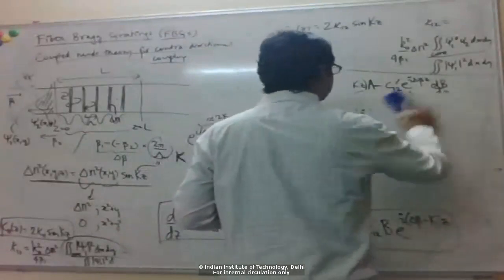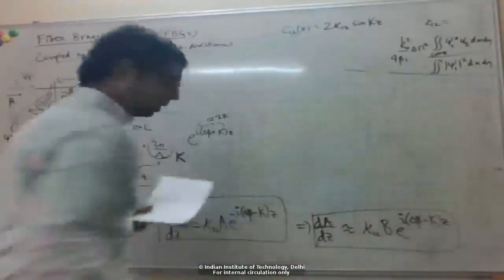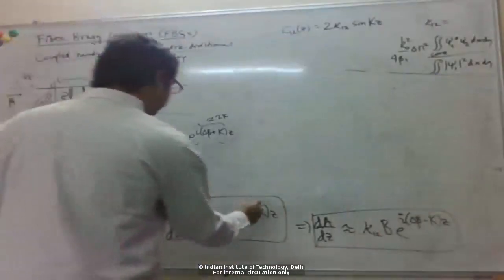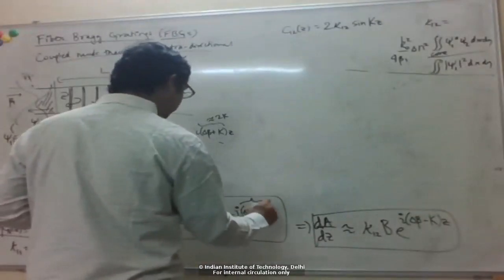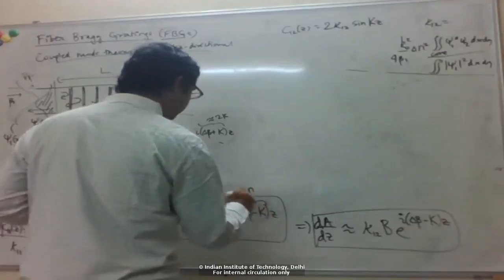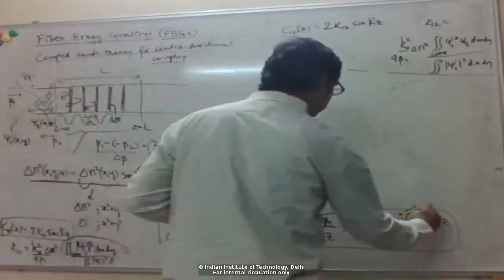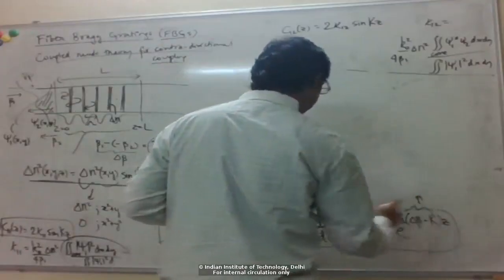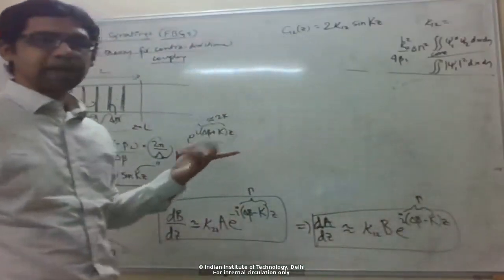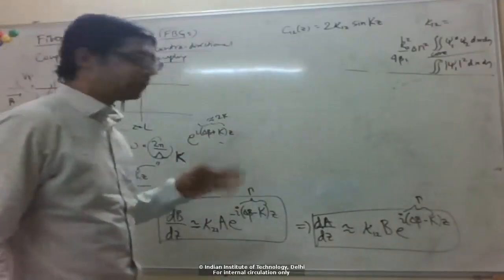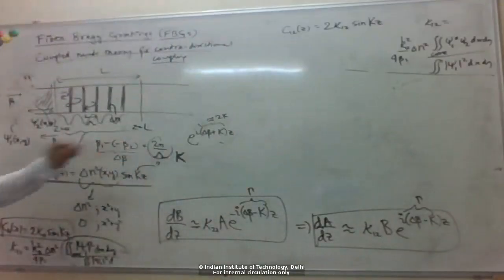Or maybe we'll discuss that next class. But so we can write this equation. This quantity here, delta beta minus capital K, is denoted by this capital gamma. Right, so the value of capital gamma tells you how far you are from the Bragg condition. So capital gamma equal to 0 means you are exactly at the Bragg condition.